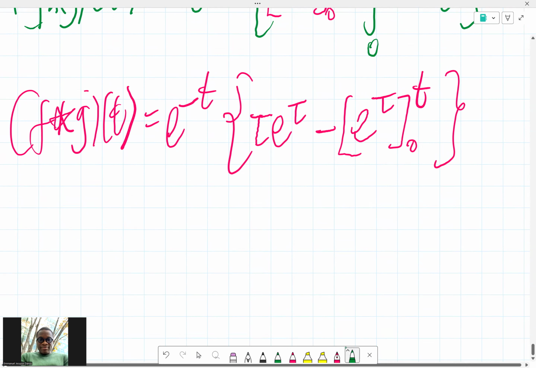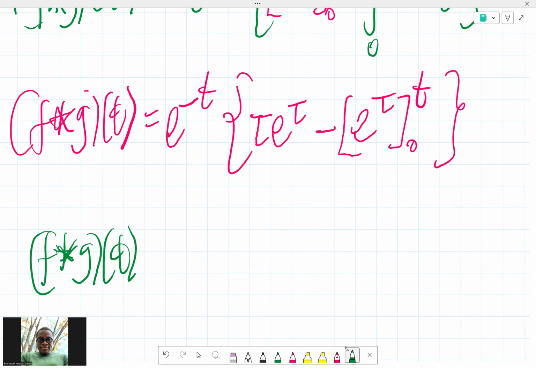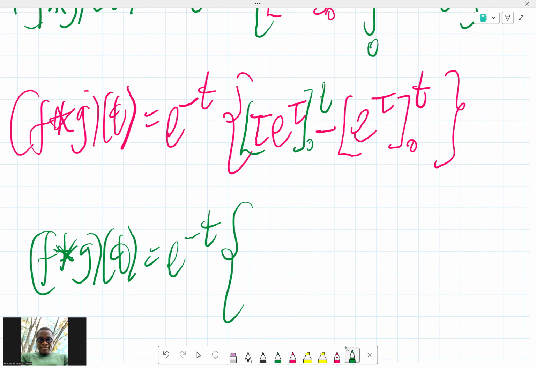So we can now say f convoluted with g in time is equal to e raised power minus t, then into, because this is also from 0 to t, if you put the t at the top, we have t e raised power t.